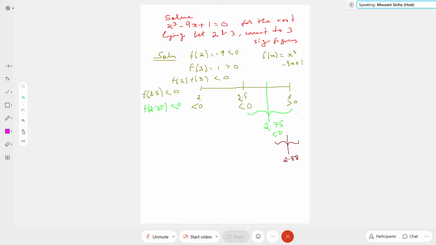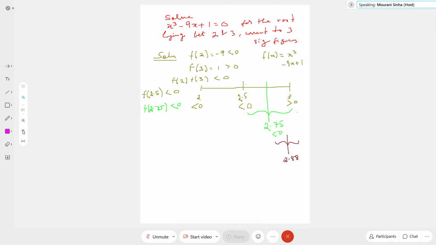Now I move on to the iterative table. Anyone has any question till here? So the root was between 2 and 3. Till this iteration, I got the root to be 2.88. These midpoints are the roots only. But I have to proceed more till I get the required accuracy.